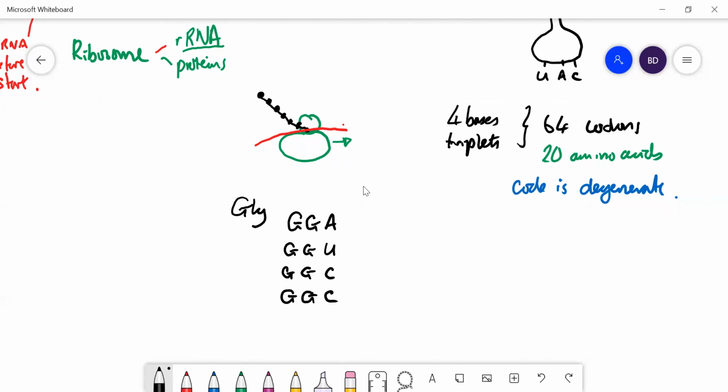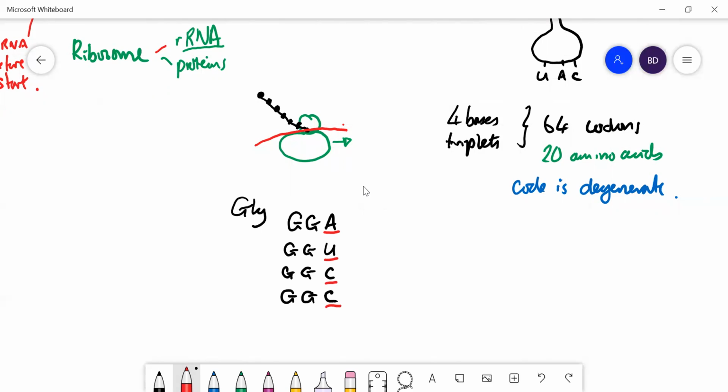Now this is a pattern which occurs quite frequently in the genetic code. Anything beginning with GG has got to be glycine, and the last one doesn't really make any difference.